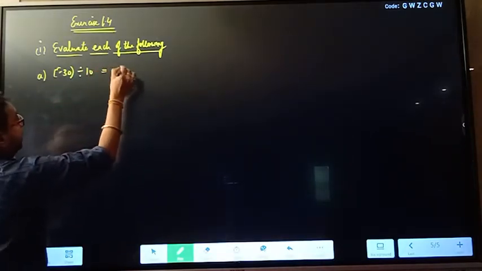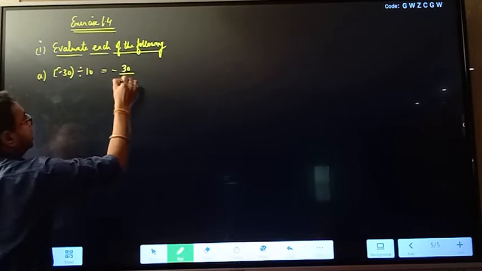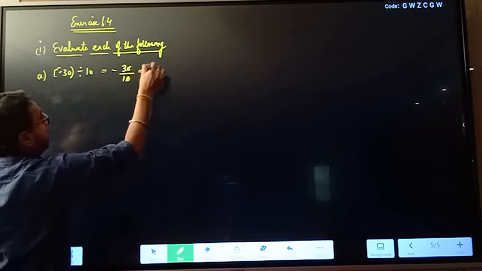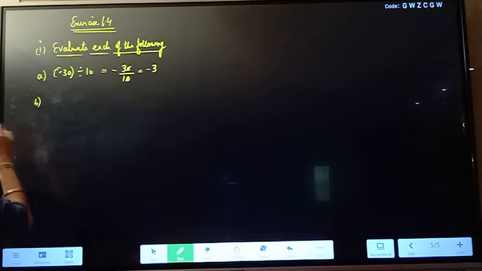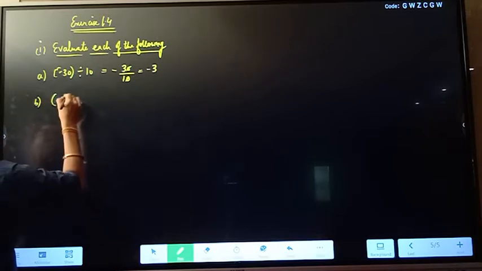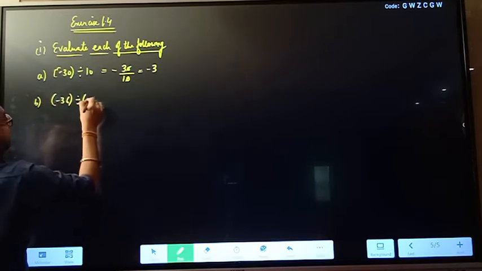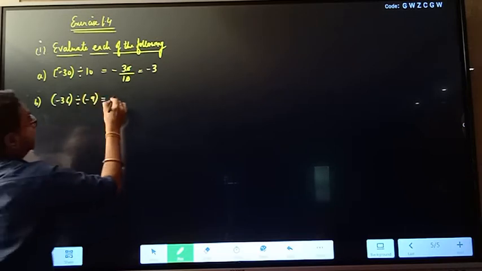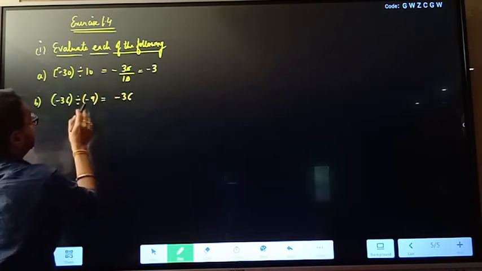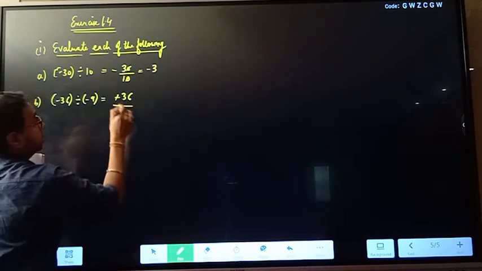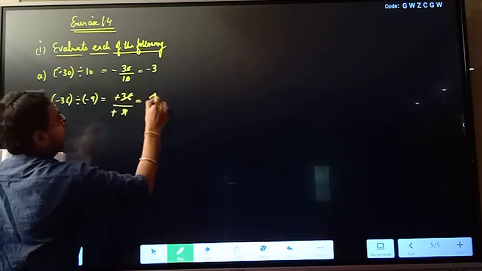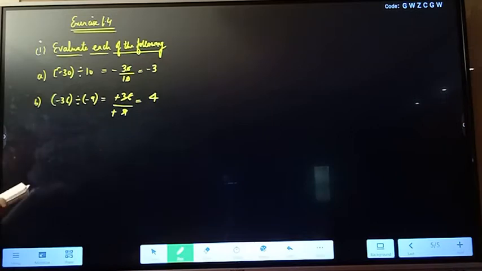Immediately put negative. 30 divided by 10, 0 and 0 cancel. What is the answer? Minus 3. Simple. B: minus 36 divided by minus 9. Since both have like signs, definitely the result would be positive. Answer is plus 4. Clear with this?